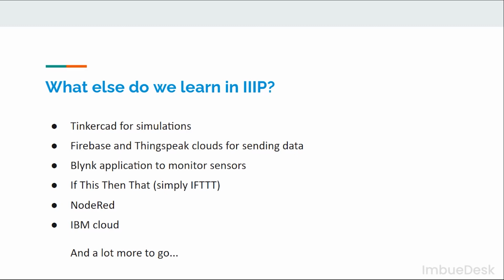We'll also use IFTTT, which is If This Then That, using which we can trigger a function when another function is encountered. We'll even use Node-RED, which is developed by IBM to unite hardware devices, APIs, and online services.